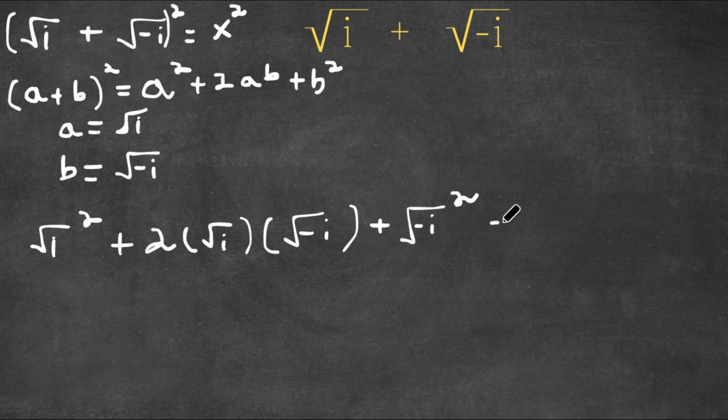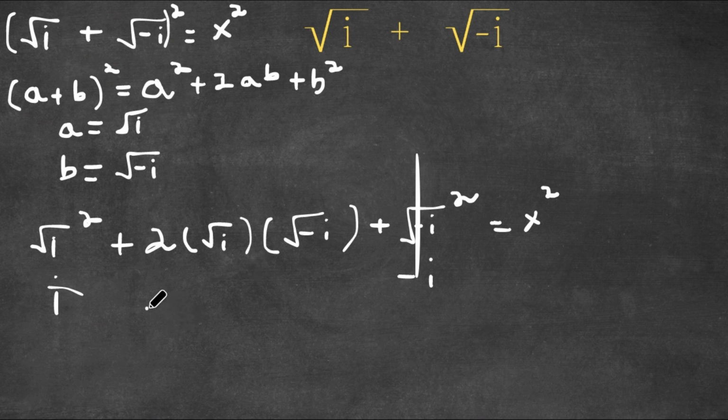And this is equal to x squared. Now the square root of i squared is simply just i, and the square root of negative i squared is negative i. Well, i minus i is simply 0, so these two cancel out.